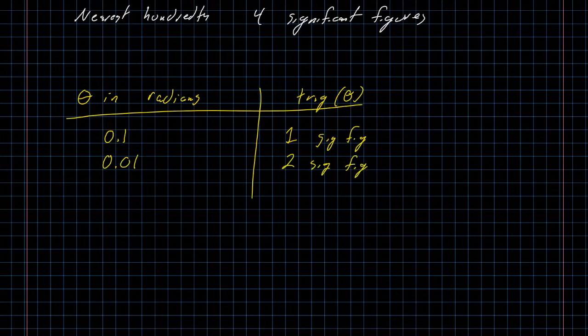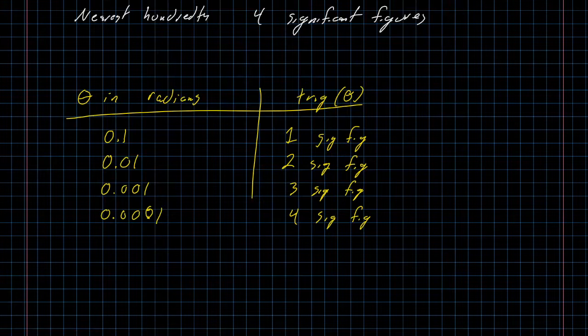To the nearest hundredth of a radian, two digits after the decimal point gives us two significant figures. Three digits after the decimal point gives us three significant figures. And four digits after the decimal point gives us four significant figures.